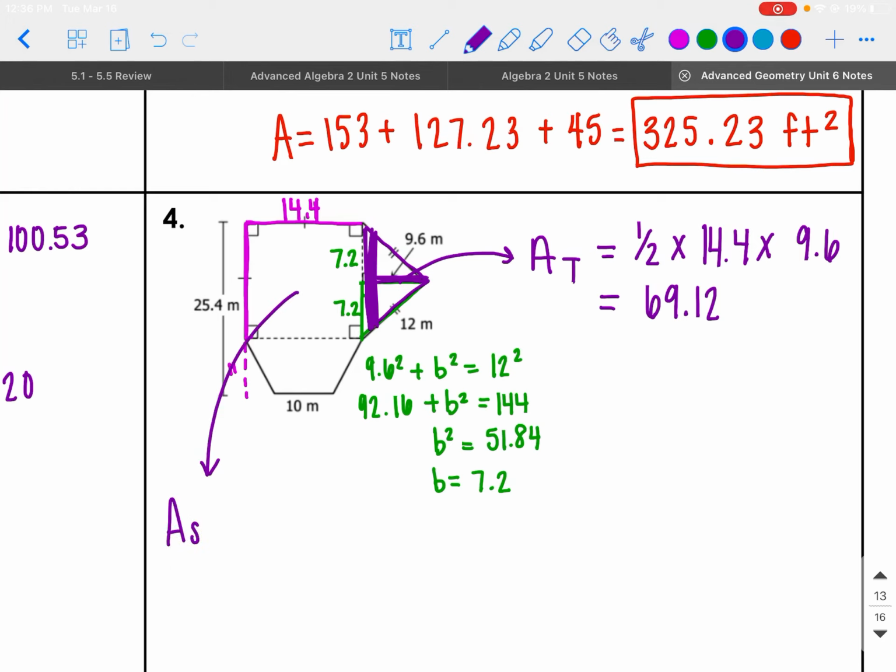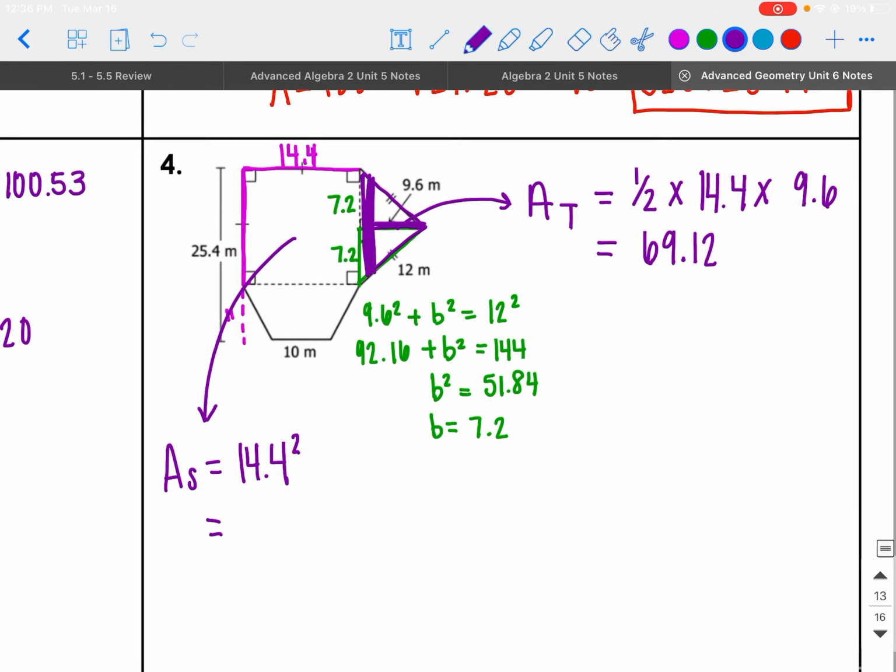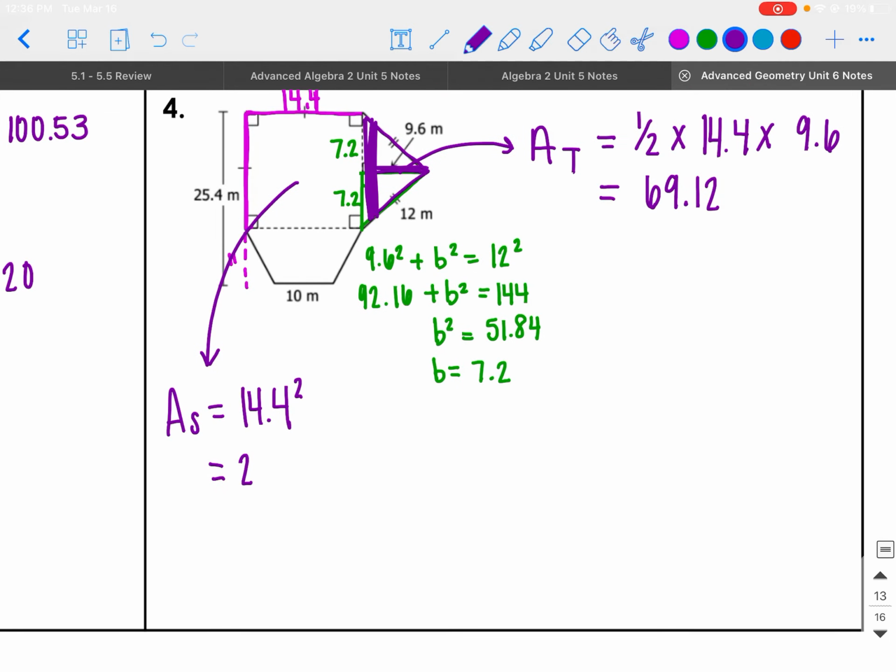Area of the square is 14.4 squared, which is 207.36.